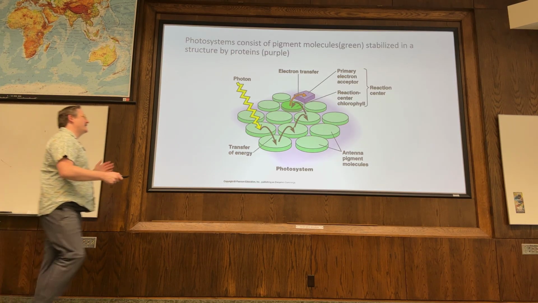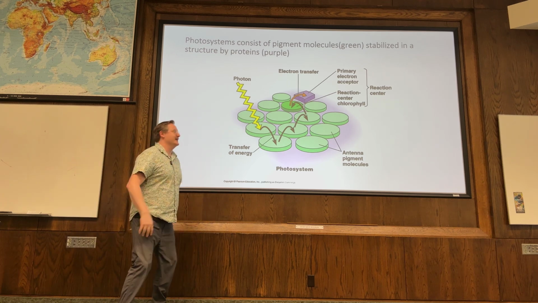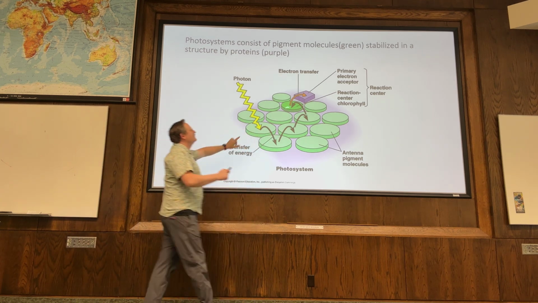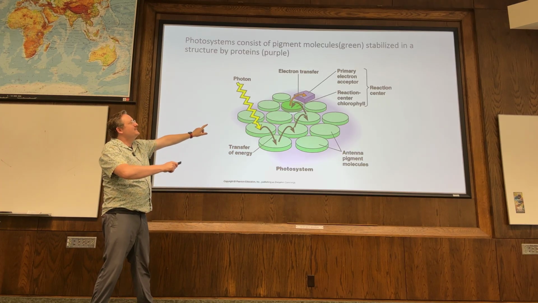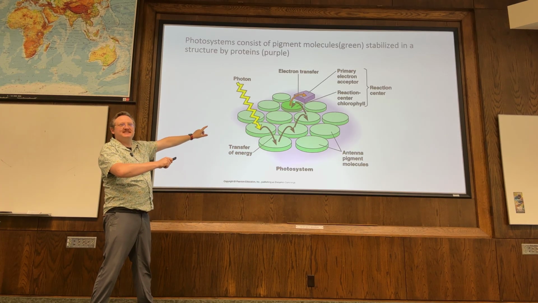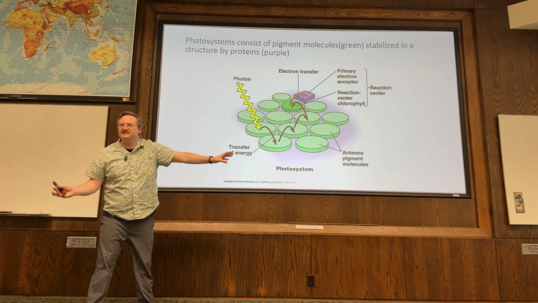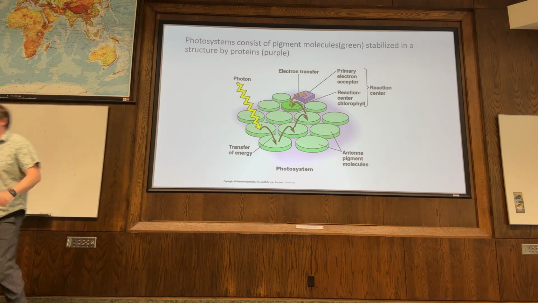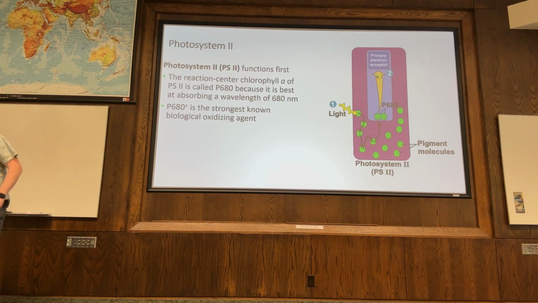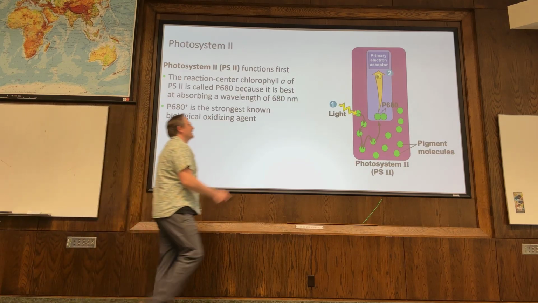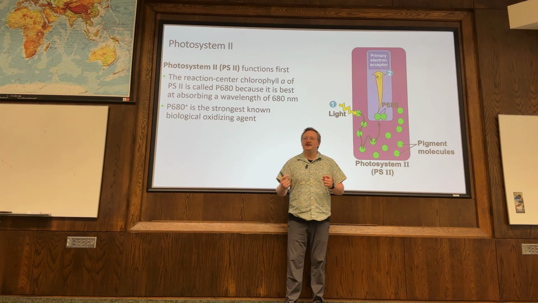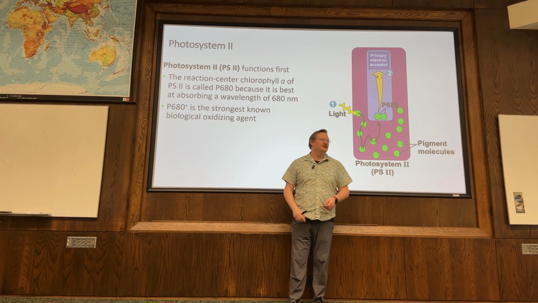They're all getting hit by light, they're all vibrating, and they do energy transfers, boom, boom, boom, boom, boom, and they force everything into this special reaction center chlorophyll complex. So the reaction center is the portion of the photosystem that's actually going to allow an electron to get kicked up and transferred to another molecule.